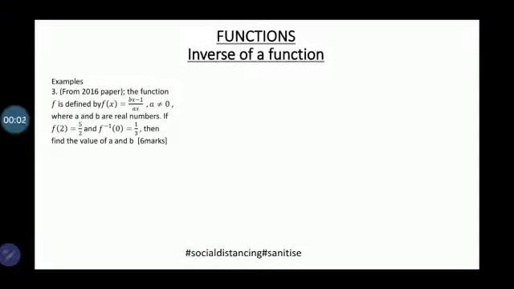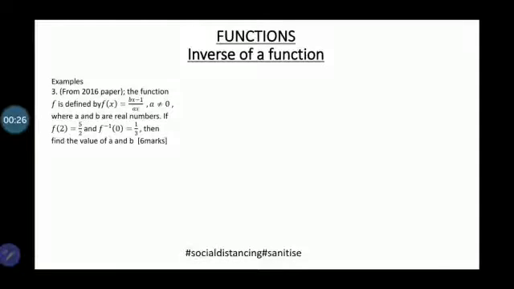For a final example, I got it from a past paper in 2016, and it was awarded 6 marks. The function f is defined by f of x is equal to bx minus 1 over ax, such that a should not be equal to 0, to make this one not be undefined at any point, where a and b are real numbers.